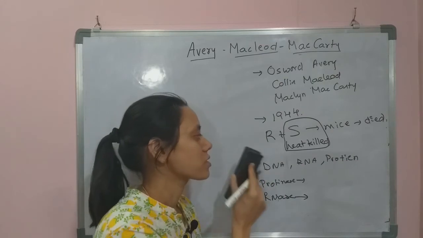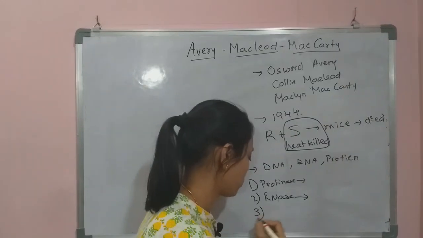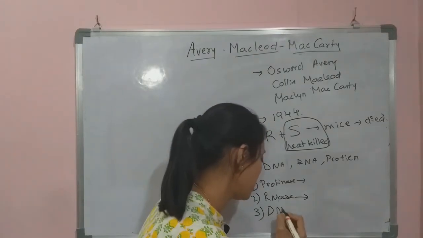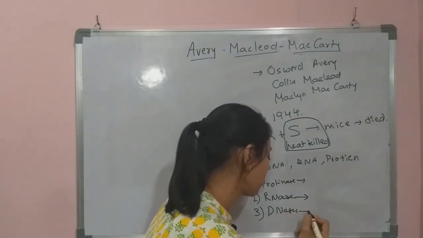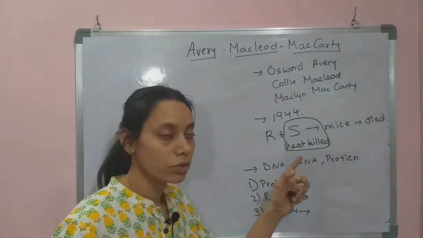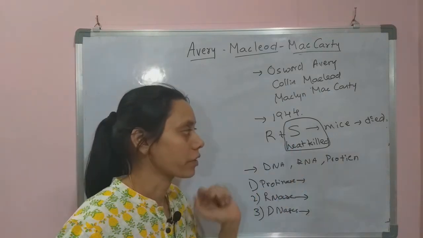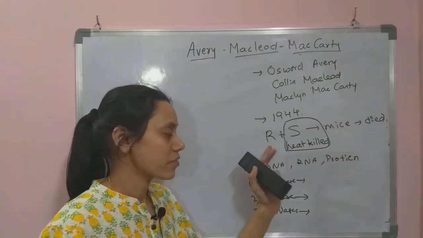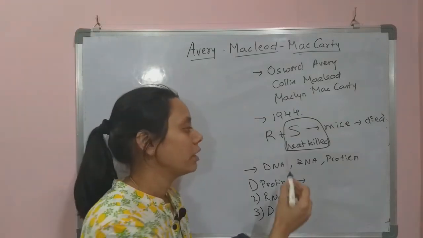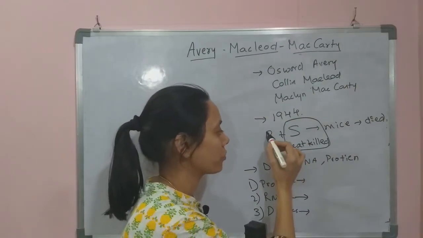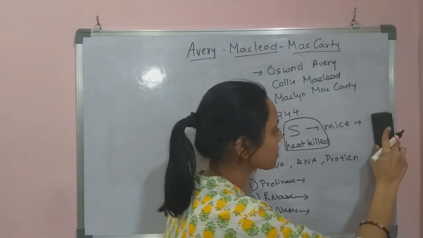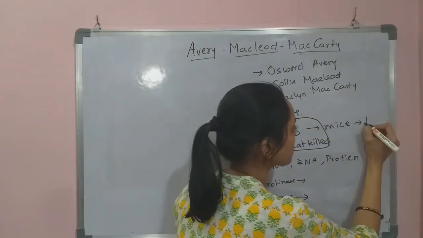In the next step they used deoxyribonucleases, or DNases. When they used DNases to treat the heat-killed smooth strain, all DNAs were degraded, and when used in combination with the rough strain, the mice stayed alive.